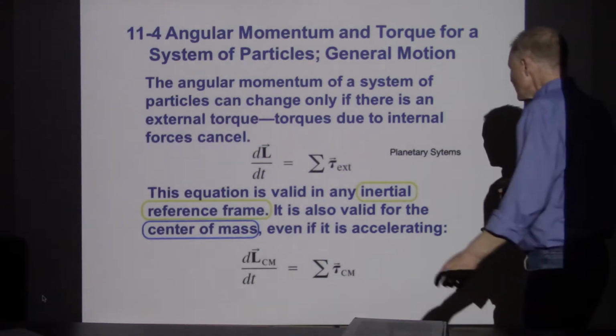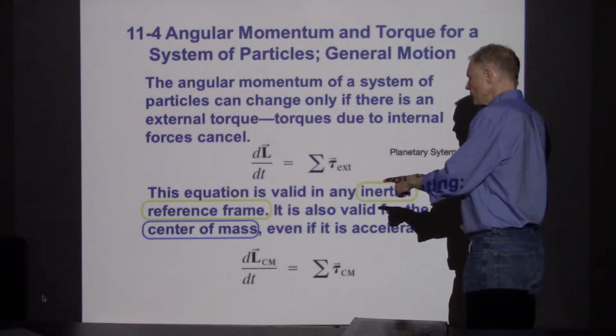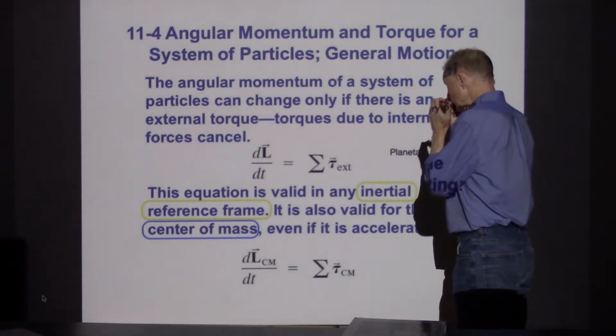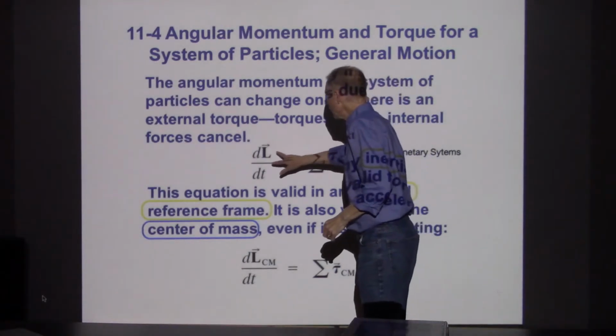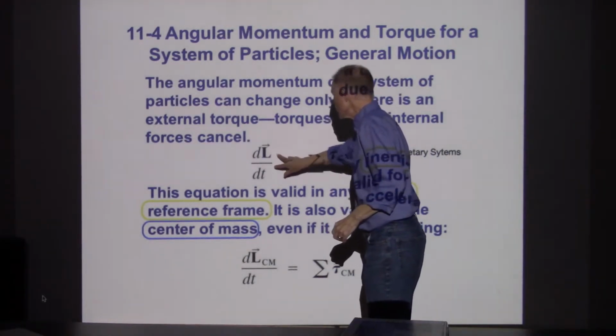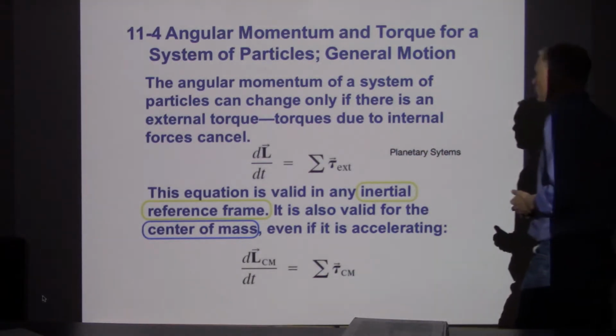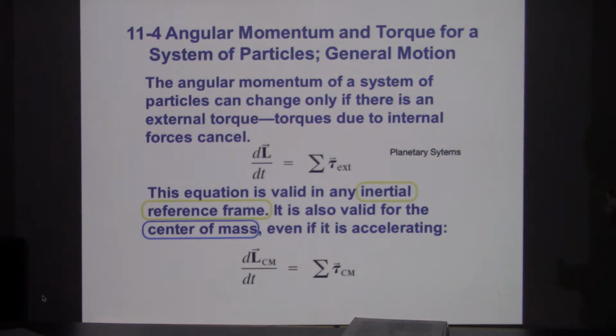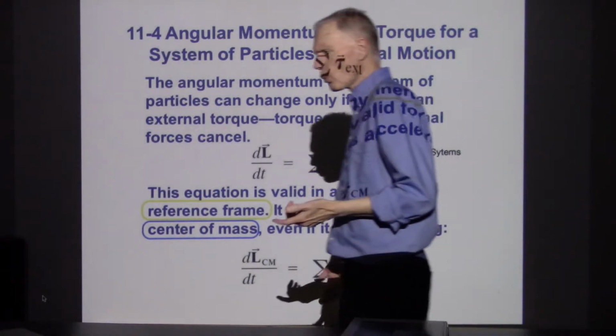Now, if we're in an inertial reference frame, then we can show that any changes in the total amount of angular momentum would be due to some kind of external torque. The internal torques, so planets do exert torques on each other.